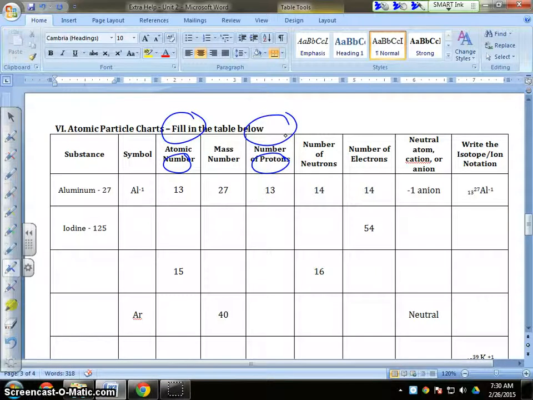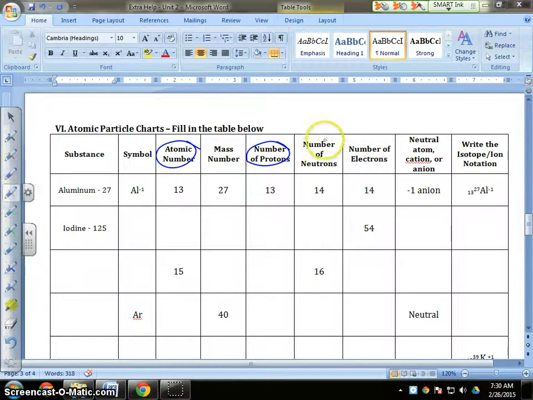In terms of other numbers on here, we know that the atomic number and the number of protons are going to be equal. Your number of neutrons is going to account for the other half, and I say half loosely, the other part of what's in the nucleus, otherwise known as your mass.